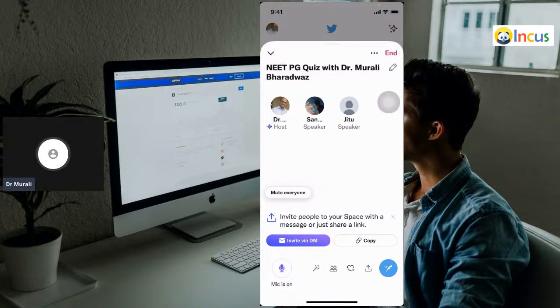Now, let us quickly check gout versus pseudogout. Can you give me 3 to 4 conditions where you find pseudogout? Hemochromatosis. Absolutely. Then, one endocrine condition? Very good.